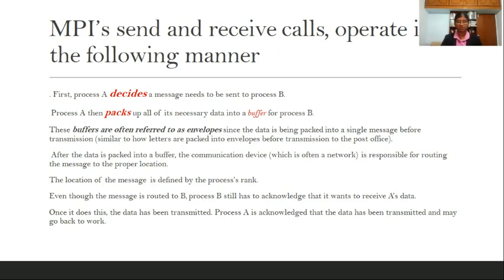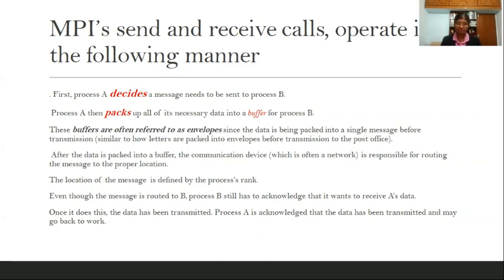That is how the network gets to know where our required recipient resides, the location to which this message needs to be transferred. Now, just because the location is given and the message is routed to the recipient doesn't necessarily mean that it is the end of the road. Process B still has to acknowledge that it needs to receive this message from A, and only then does this whole procedure come to a stop.